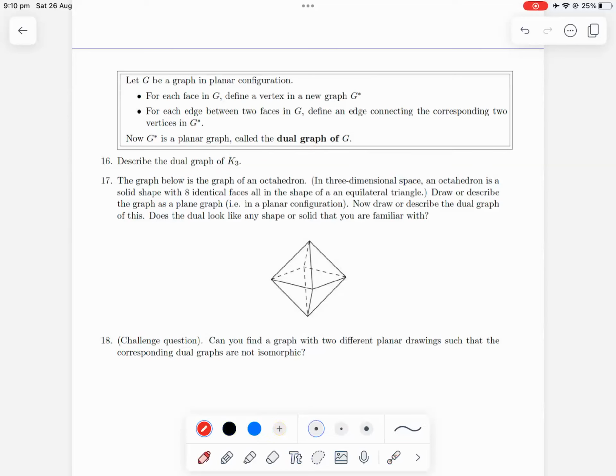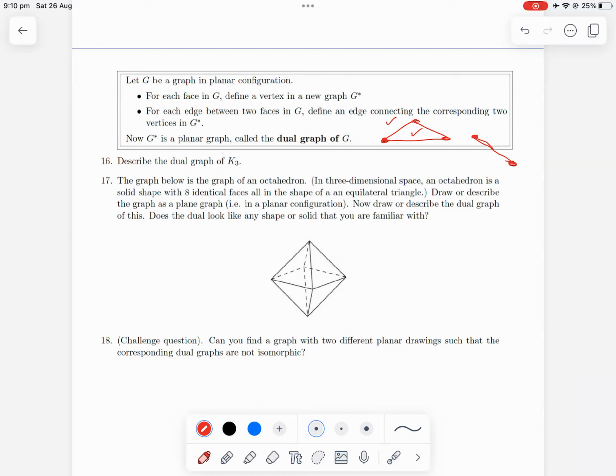So K3, let's assume that we've got the K3 here. One face here and one face here. So I will add one vertex, this one.